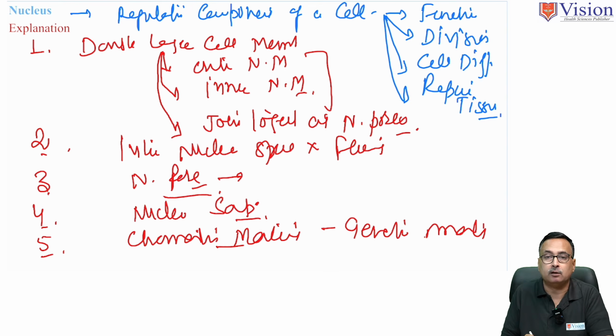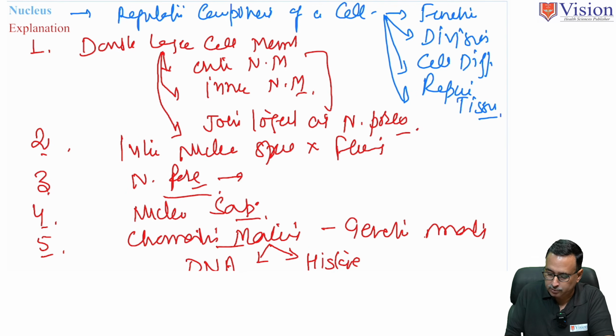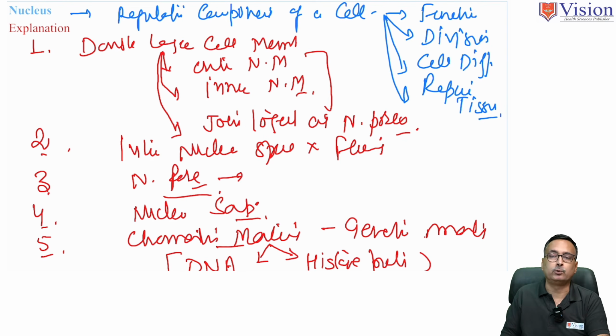This nuclear material is made up of two components. One is DNA, deoxyribonucleic acid, plus it contains histone proteins. These two components, that is a nucleic acid with a nucleoprotein, together constitute chromatin material. Chromatin material during prophase loses water, becomes condensed and appears in the form of chromosomes.